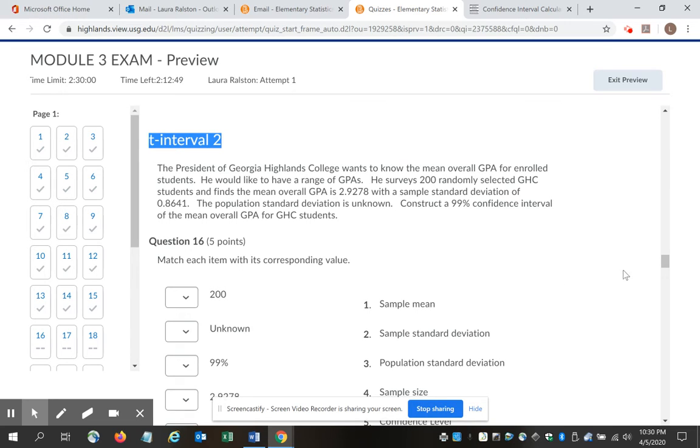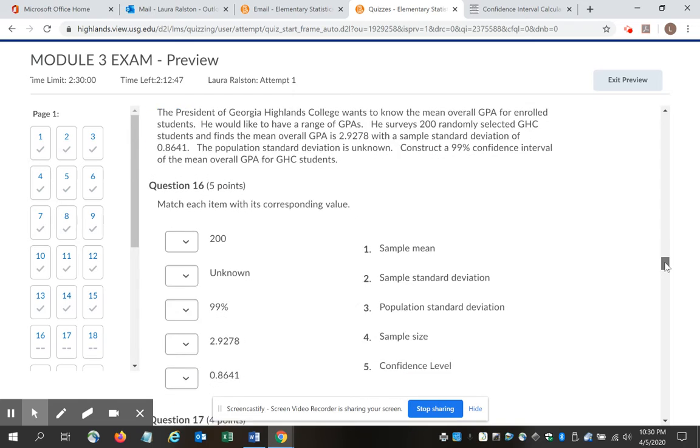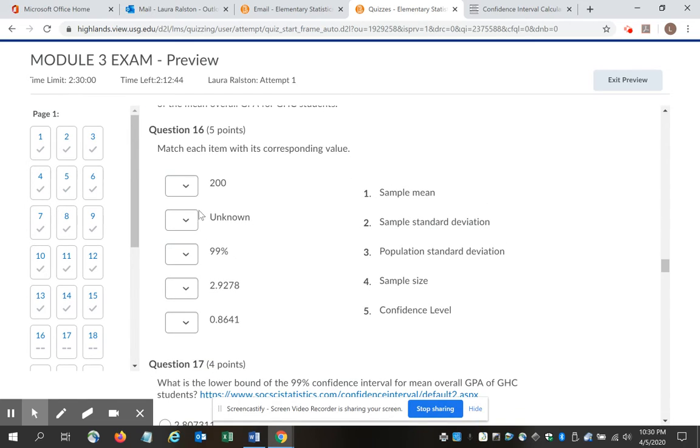Again, with question 16, I did have some errors on the matching, so I went back and corrected that on your test papers. Okay, so matching: 200 was my sample size. Unknown, it clearly said my population standard deviation was unknown.